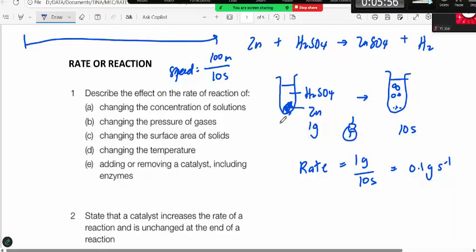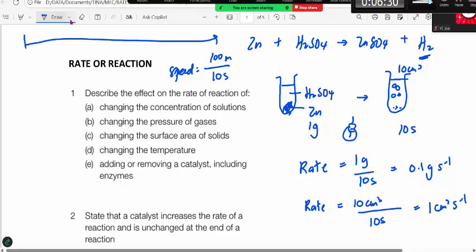Now, another way I can measure the rate is from the moment I put in the zinc, hydrogen gas is released. So I know that a total of 10 cubic centimeters of hydrogen gas is released. So to measure the rate of reaction, I can also measure 10 cubic centimeters of gas over 10 seconds, 1 cubic centimeter per second. Can you understand? So these are two ways we can measure rate of reaction.